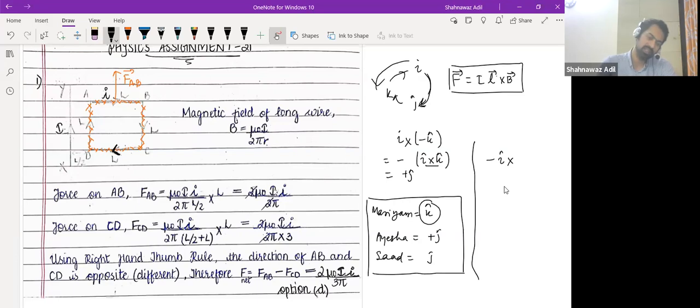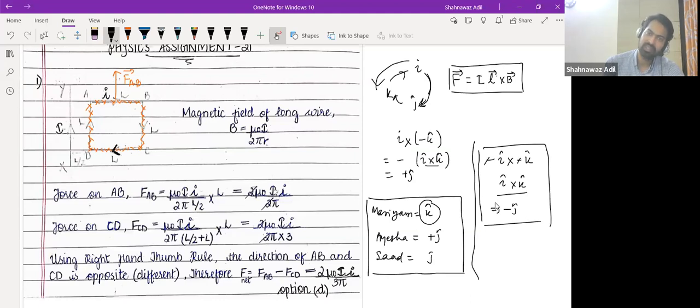So inwards is what direction? Minus K. Good. So minus K, then this cancels and we have I cross K. We already know that I cross K is minus J, which is downward. So this is FCD.